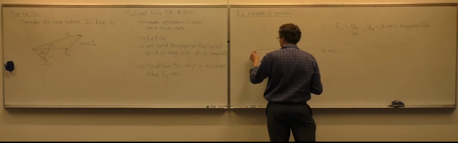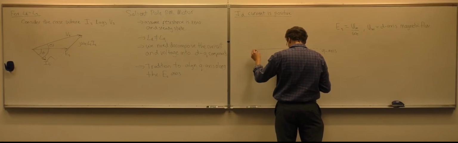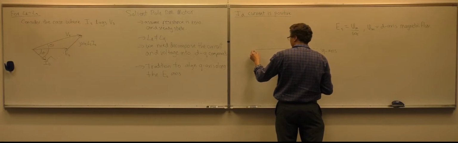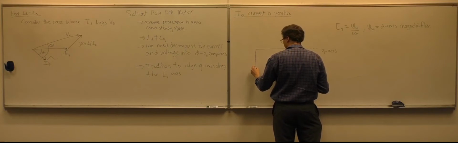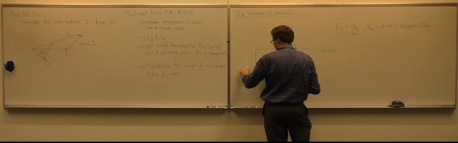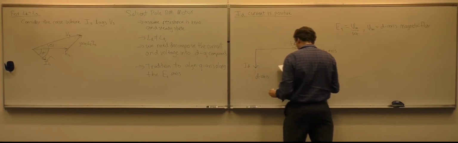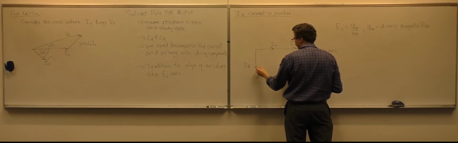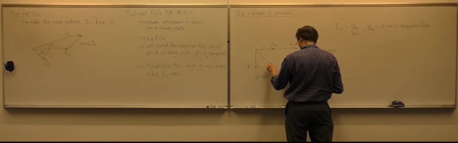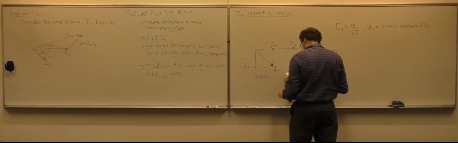Let me just draw this. There's a lot of bits and pieces going on here. So we'll have a current that would be associated with the d-axis, and then we'd have some current associated with the q-axis, and then both of them will result in a net current IS.